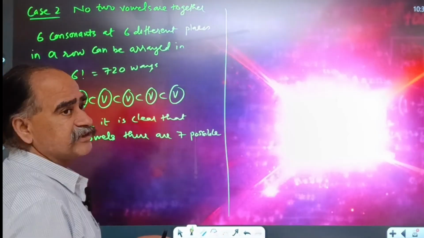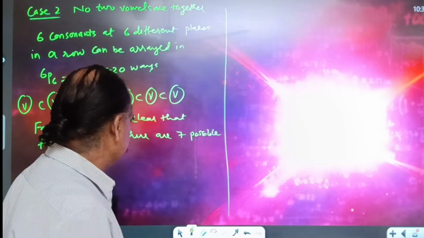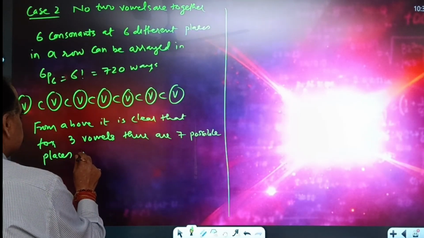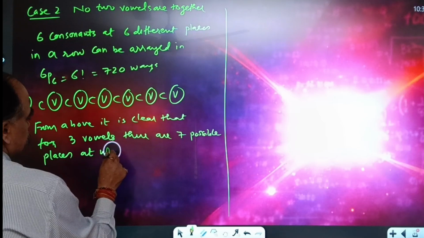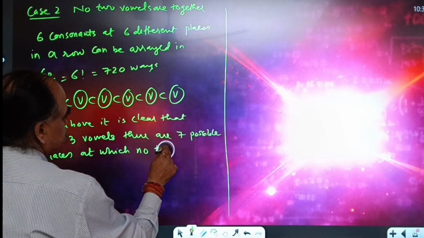That is, there is no restriction on consonants, and vowels get one more place than consonants. For 3 vowels, there are 7 possible places at which no 2 vowels are together.